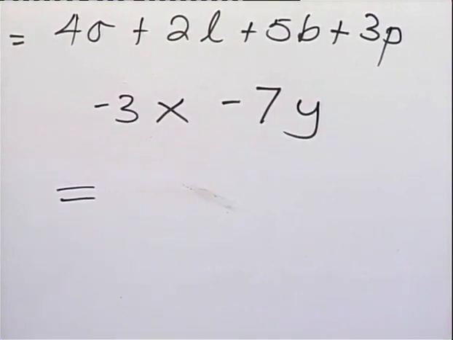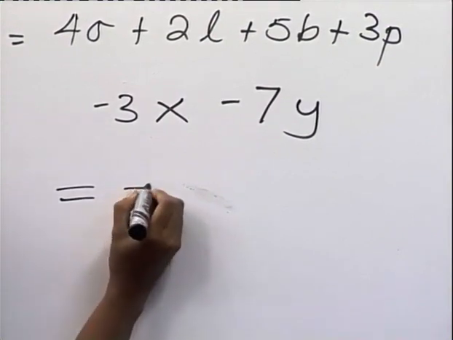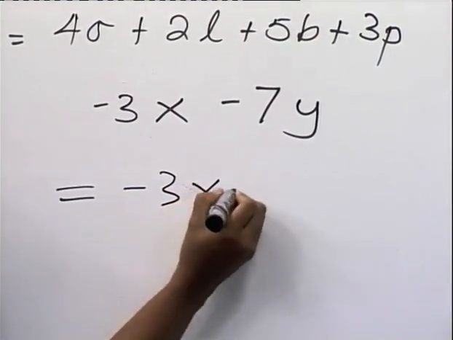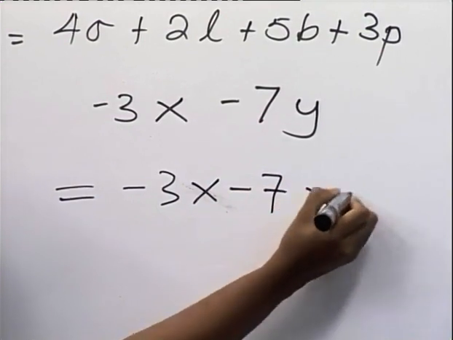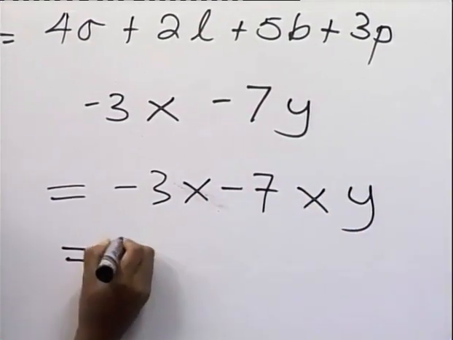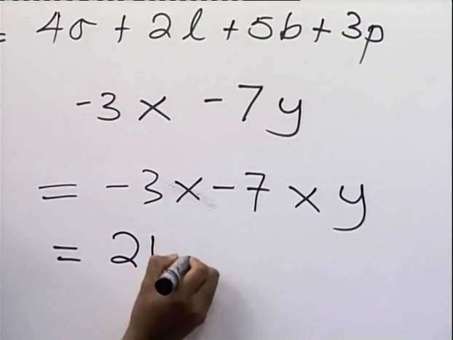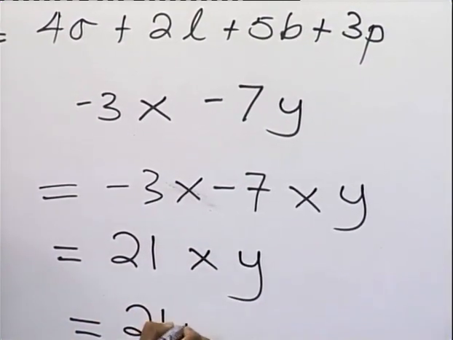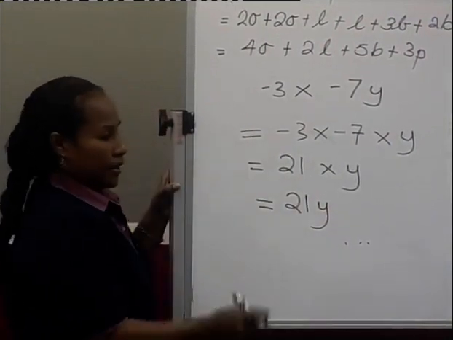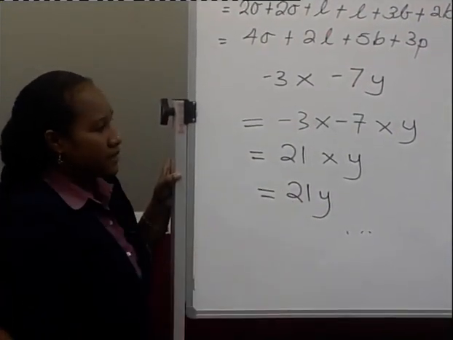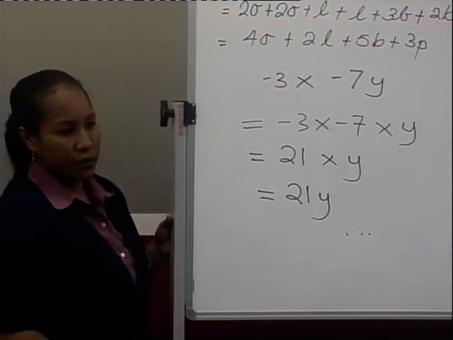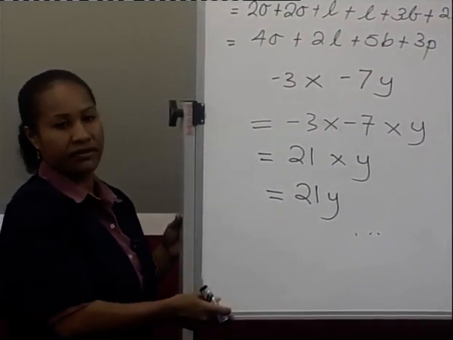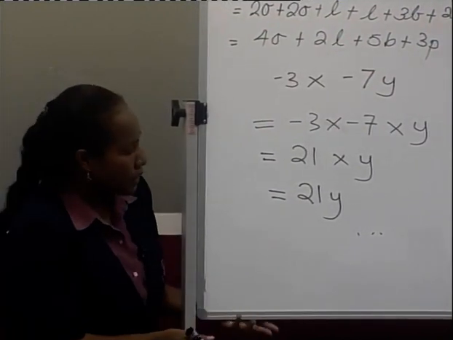Positive 21y. Very good, positive 21y. So we have minus 3 times minus 7 times y. We have 21 times y, which will give you positive 21y. No need for you to write the positive sign. If you don't see the positive sign, that's still a positive number, positive 21y.